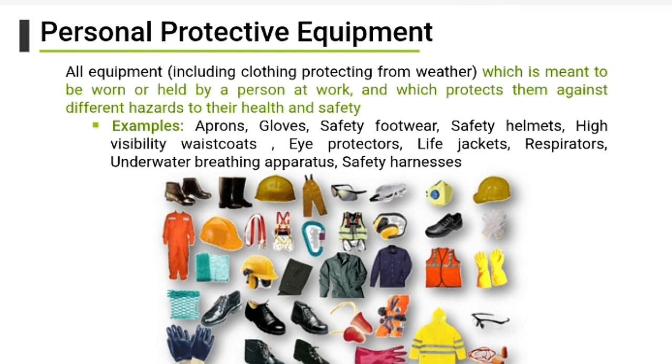PPE comes in various forms, tailored to address specific dangers, and includes items such as aprons, gloves, safety footwear, safety helmets, high-visibility waistcoats, eye protectors, life jackets, respirators, underwater breathing apparatus, and safety harnesses. These items act as a crucial line of defense, ensuring that workers can perform their duties safely and effectively in environments where potential risks to their well-being exist.